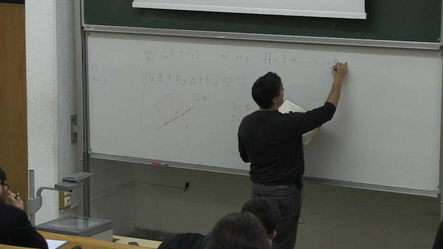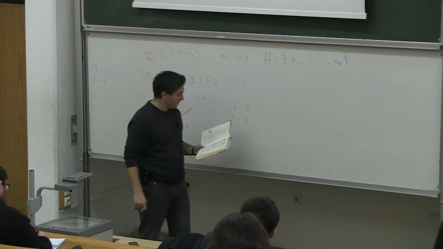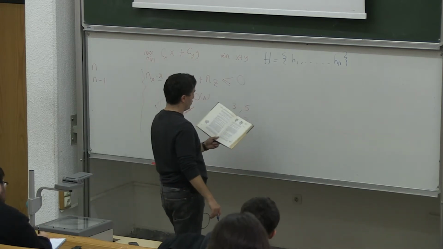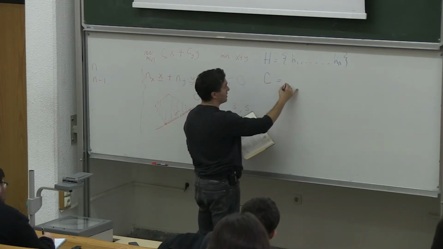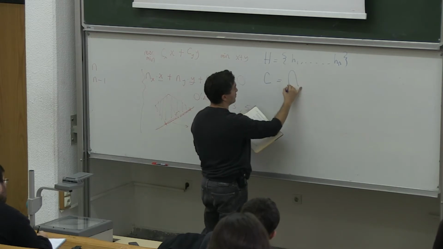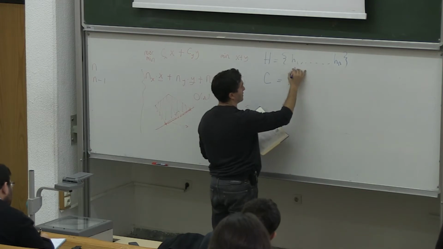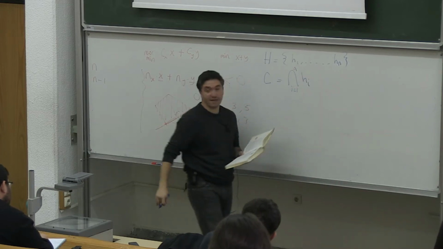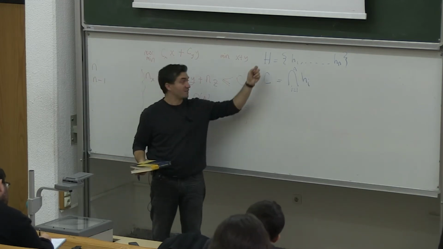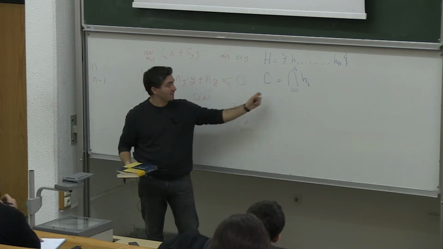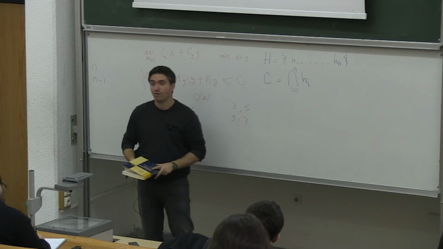Imagine we have n half planes that we want to intersect, and imagine the final convex region is the intersection of all these half planes. The final convex region we are going to find is defined as the intersection of all these half planes.